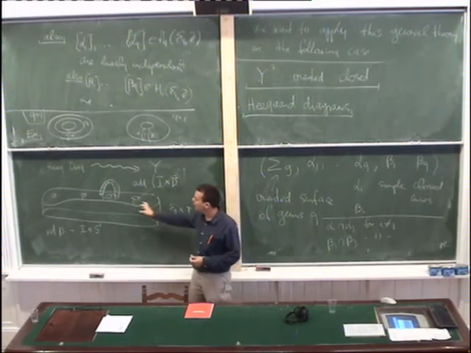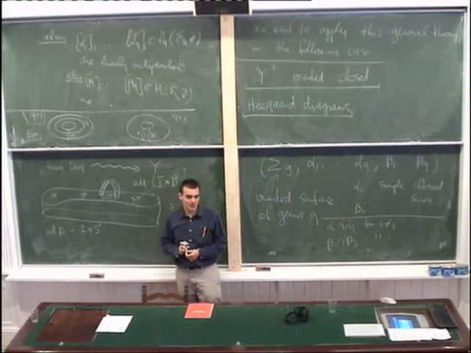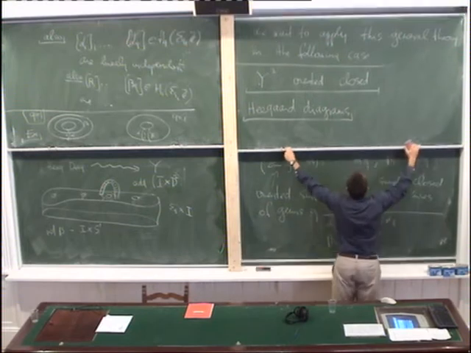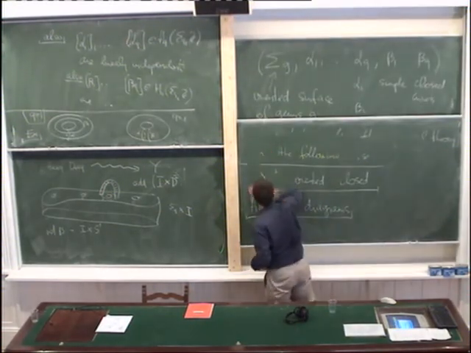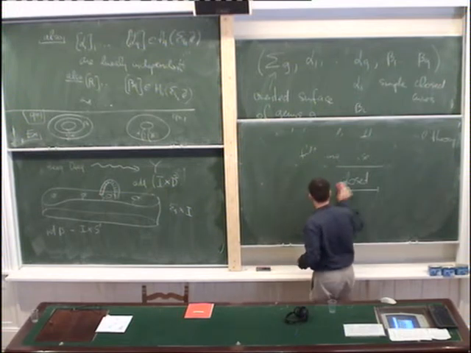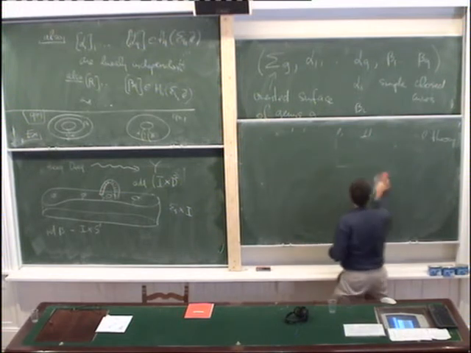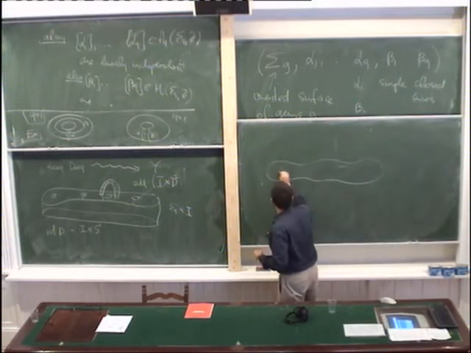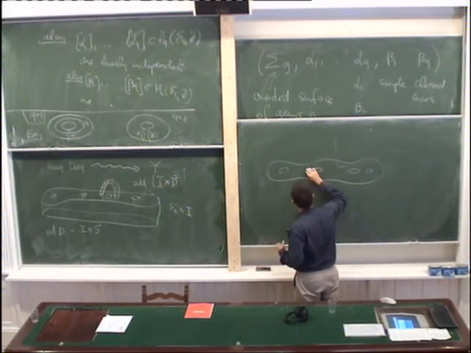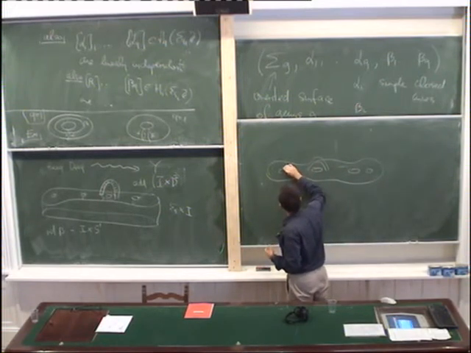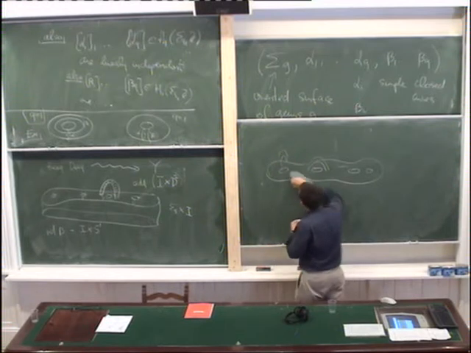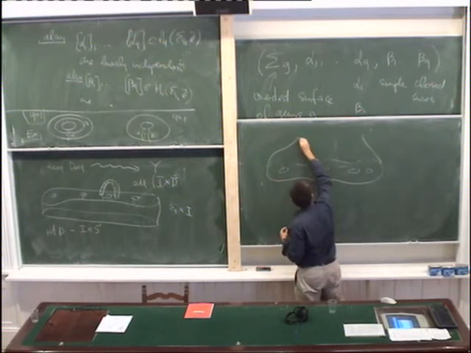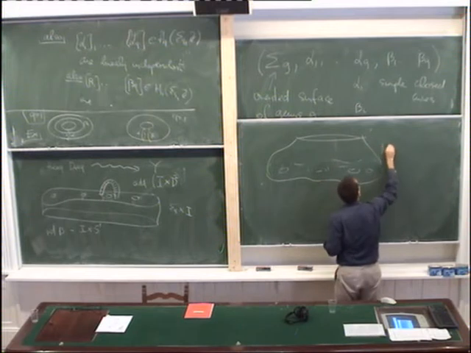And I will do this for every beta circle, okay? So after I've done this, added some stuff like that, I will get some kind of manifold, n of beta.